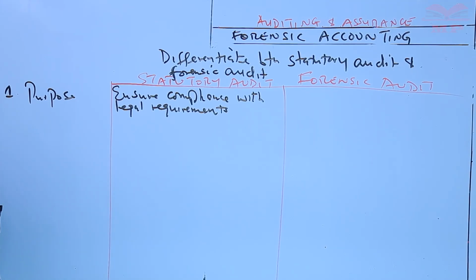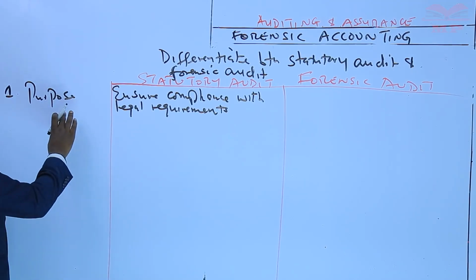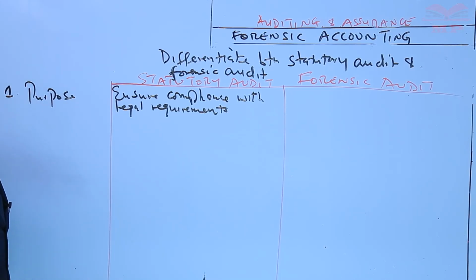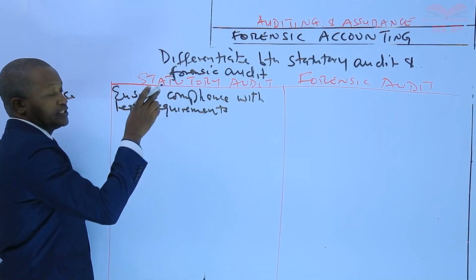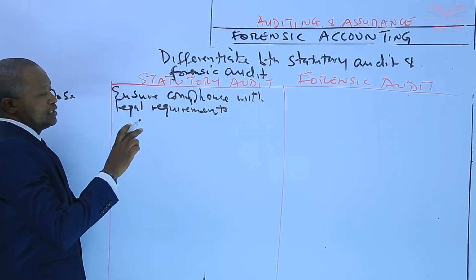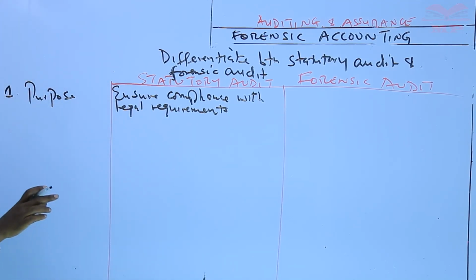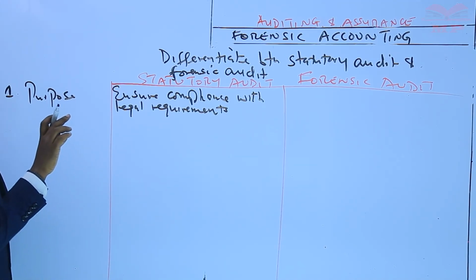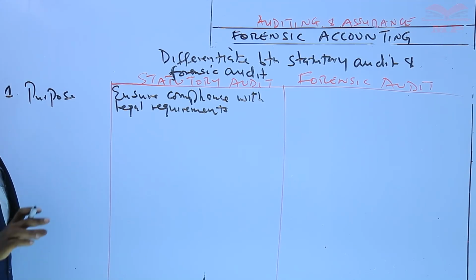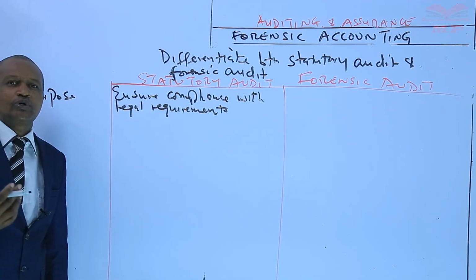You understand? The purpose of a statutory audit, as the name suggests, statutory derived from the word statute, which is an act of parliament. The law requires companies to conduct statutory audits. It's mandatory. That's what the law says.